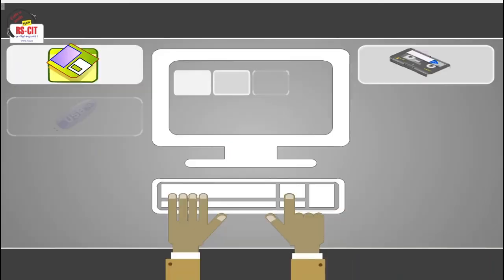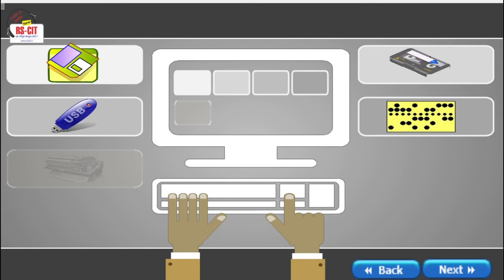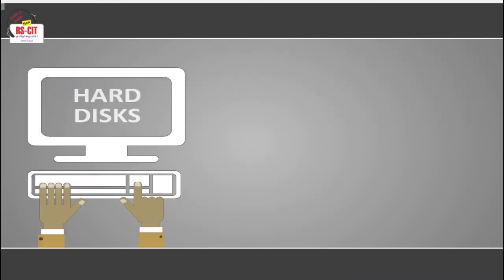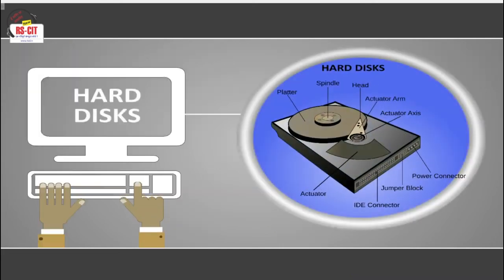There are various kinds of secondary storage mediums, starting with hard disks. A hard disk is the primary computer storage medium, which is made of one or more aluminium or glass platters coated with a ferromagnetic material. Although the terms hard disk and hard drive are used synonymously, technically the disk spins inside the drive.